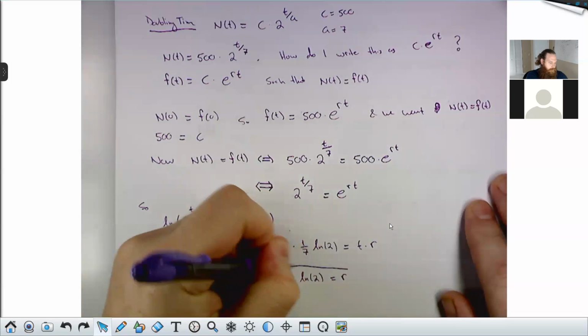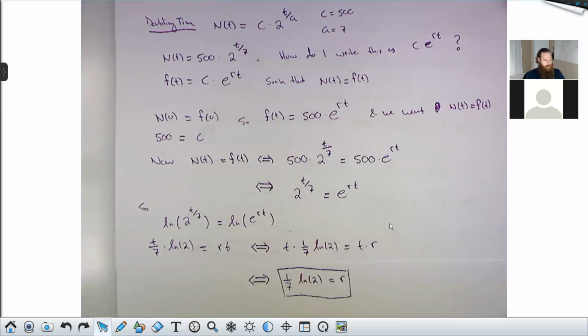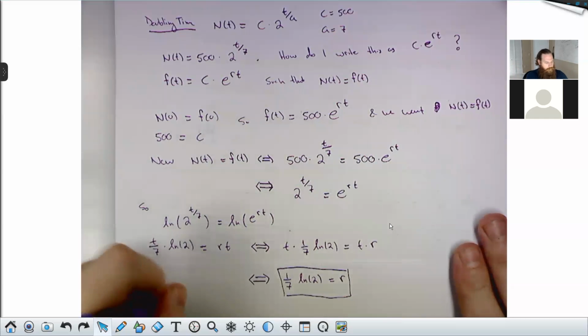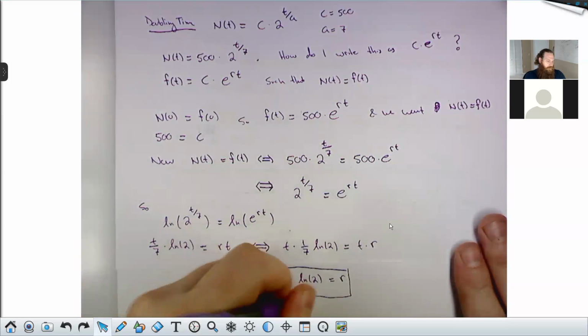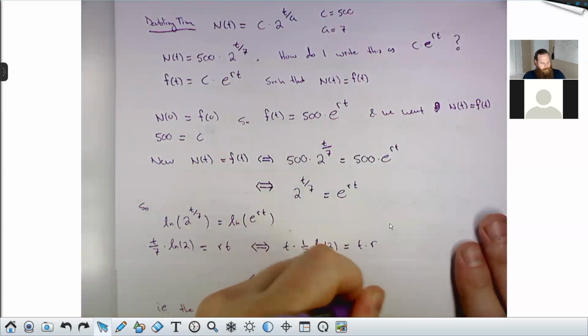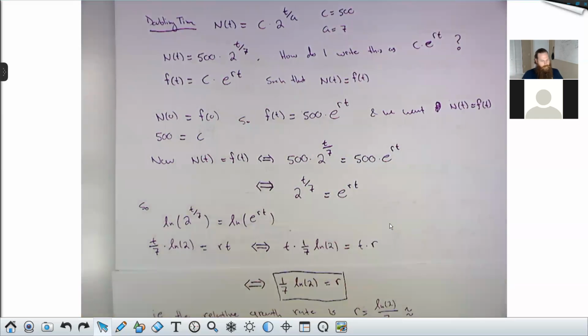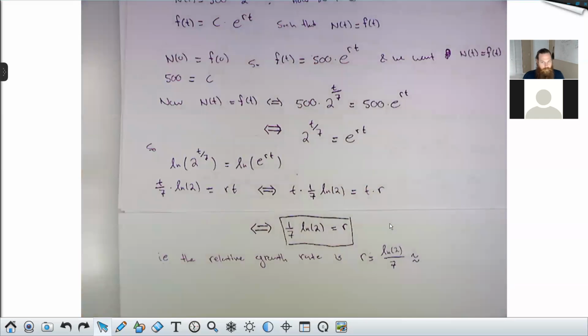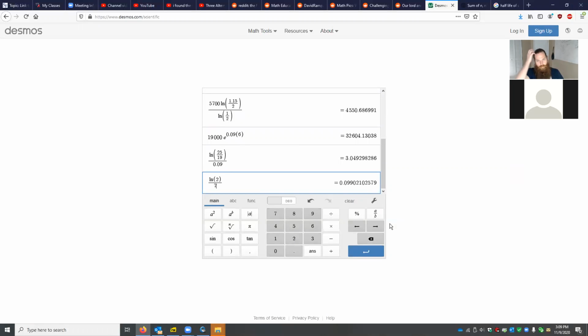So this is our guy. In other words, the relative growth rate is r equals ln 2 over 7, which we can, again, approximate using a calculator as 0.09902.